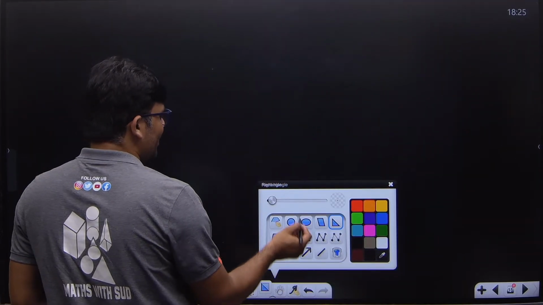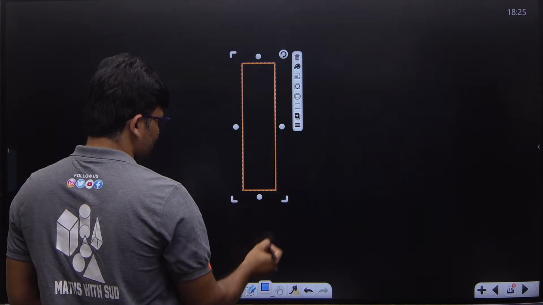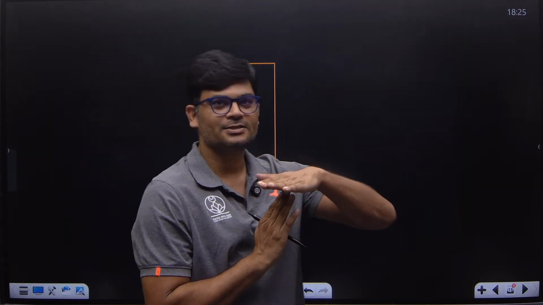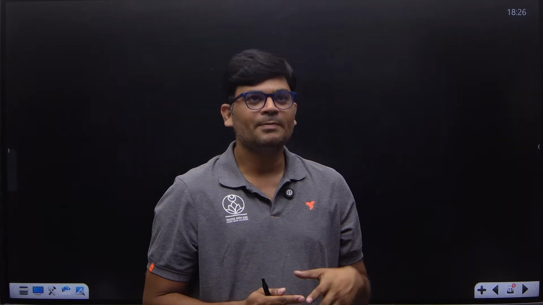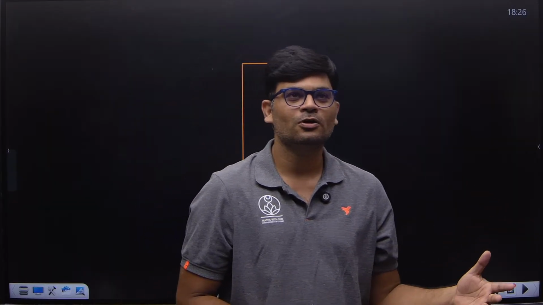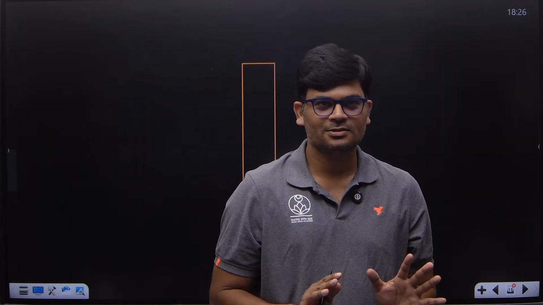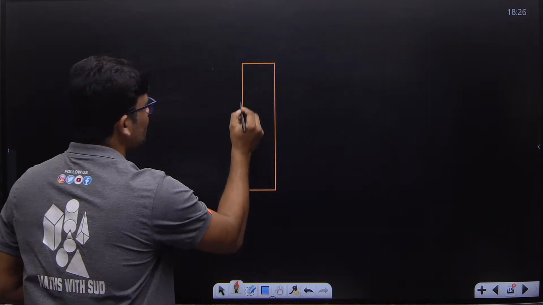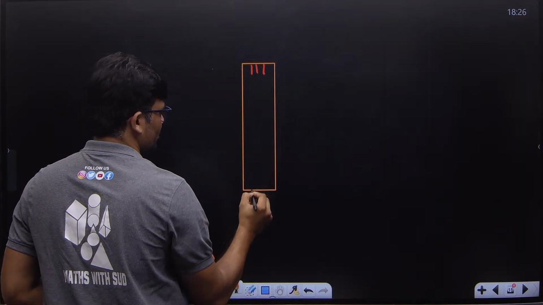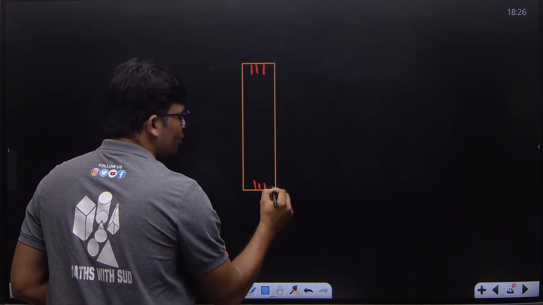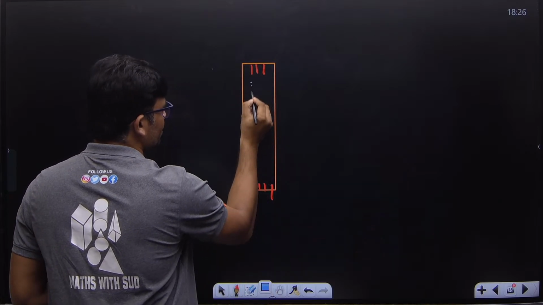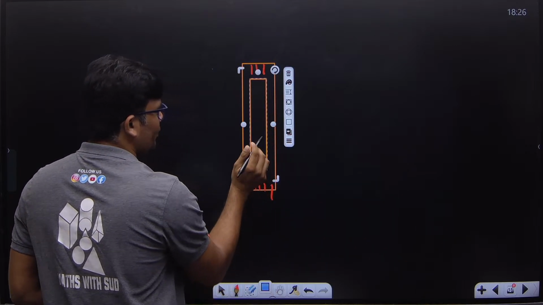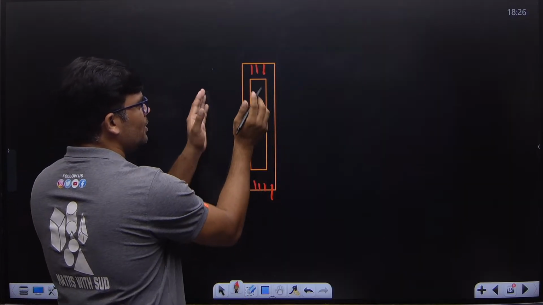So in a cricket match, you see there is a call known as DRS. Sometimes the batsman feels he is not out, sometimes the bowler feels that he is out, so anybody can take the DRS. Now suppose this is the stump and the bowler is bowling from here, and this is the line where the ball has to land.